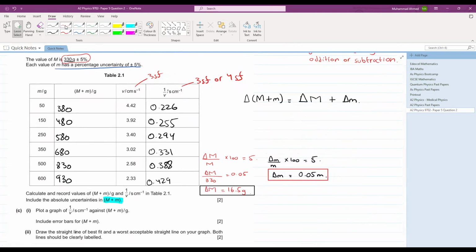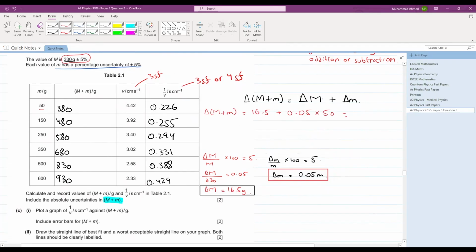Okay. Now let's analyze the first row. You have to calculate the absolute uncertainty in capital M plus a small m. You know that the absolute uncertainty in capital M is 16.5. Perfect. How will you calculate the absolute uncertainty in a small m? 0.05 multiplied by the value of m, that is 50. This comes out to be what?